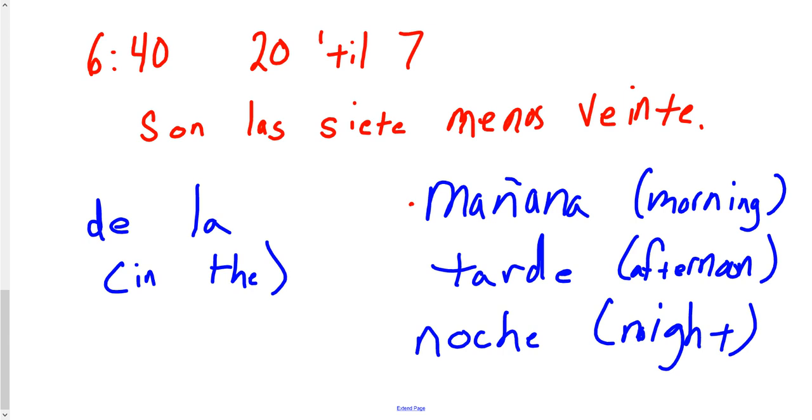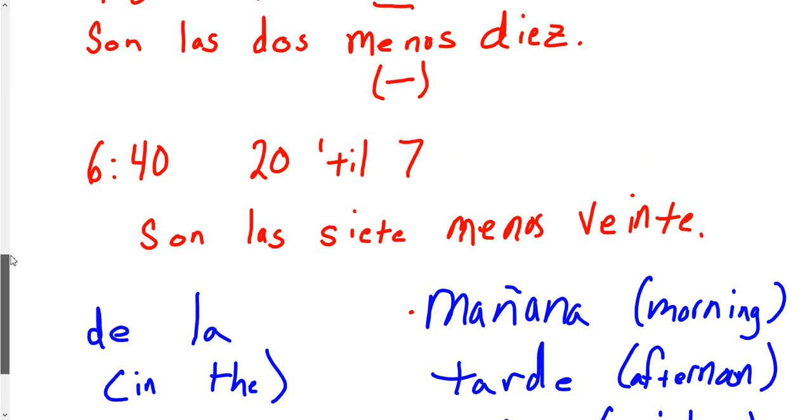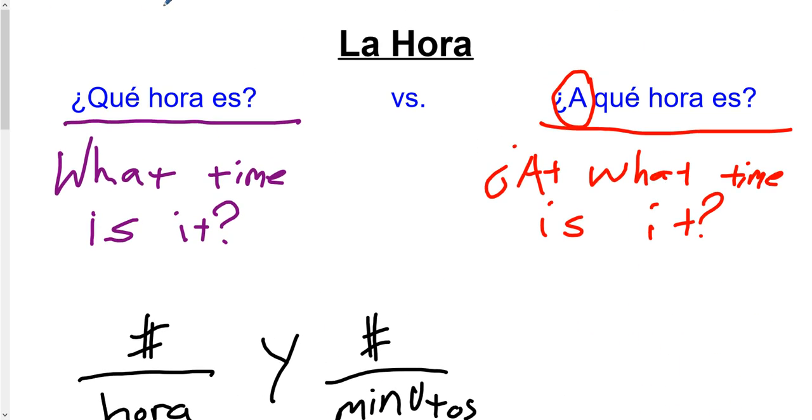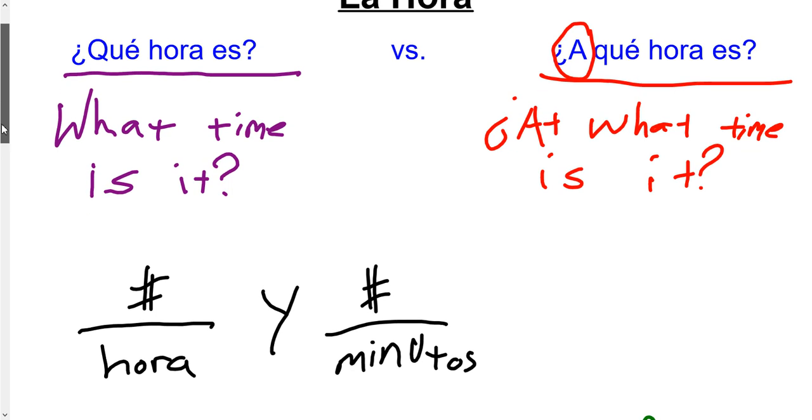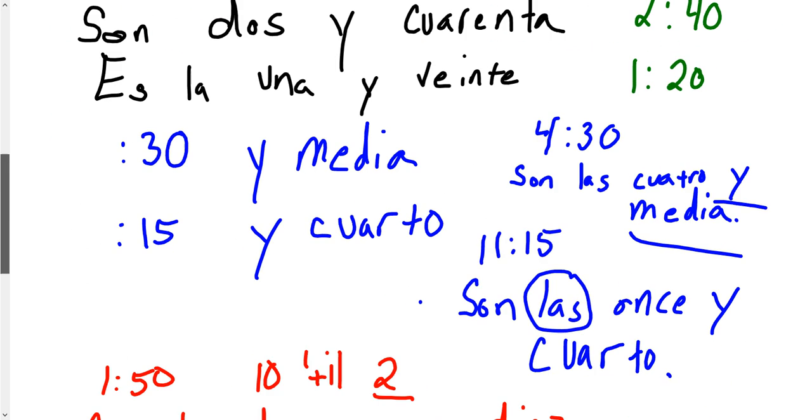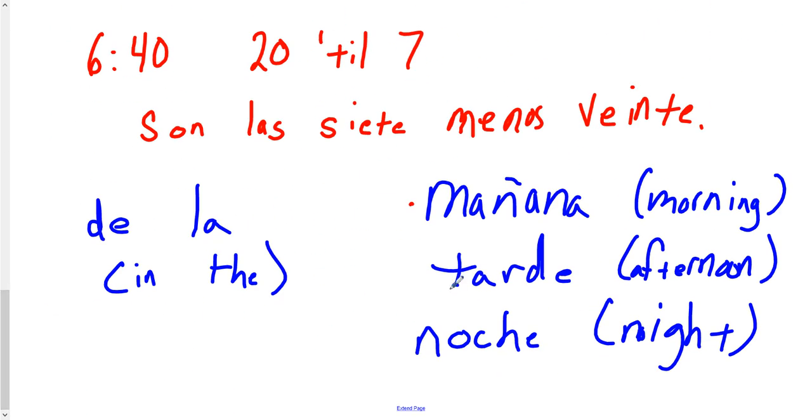Buena? Now, coming back to, if you remember, I said at the beginning, these are all the way you would answer, what time is it? Now, the time part stays the same, but the beginning part changes slightly if you're wanting to say something is at a certain time. So if I say, ¿a qué hora es el concierto? When is the concert? Or at what time is the concert?